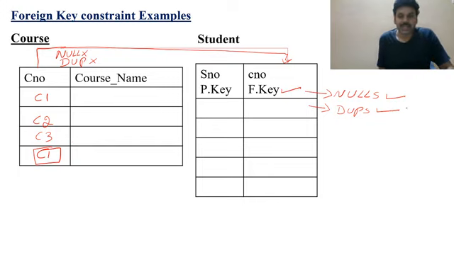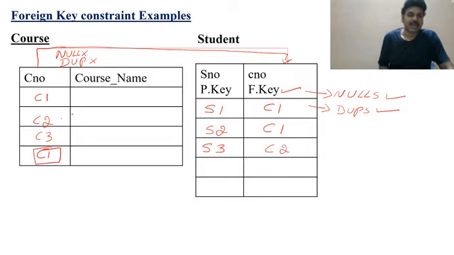Now if I am presenting the values here: S1 valid, C1 I am keeping; S2 primary key, C1 I am keeping, duplicates are possible; S3, C2, that C2 is available here, no problem, it's correct, all are correct. Look carefully: S4, C3, this is also correct.